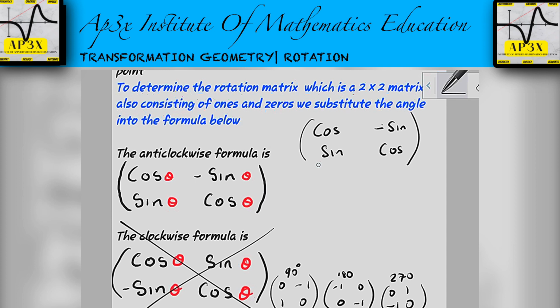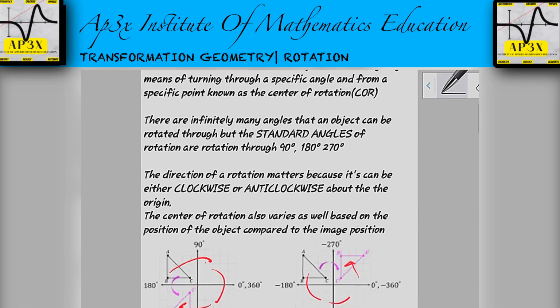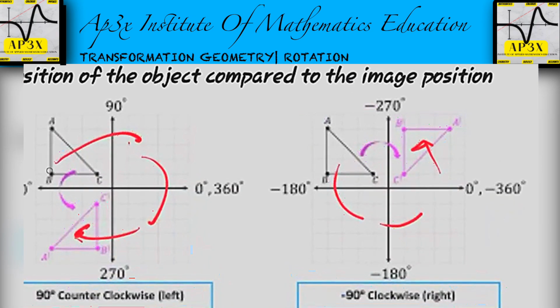So if they hit you with a clockwise rotation question, but you are only remembering the anti-clockwise formula, then in our slide that we had at the front here, I believe it was this one, where we were discussing that going 90 degrees anti-clockwise is the same as 270 degrees clockwise, and going 90 degrees clockwise is the same thing as going 270 degrees anti-clockwise.